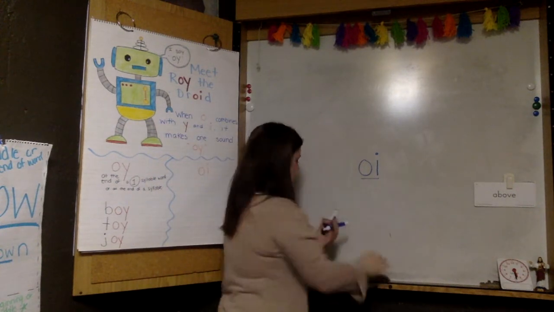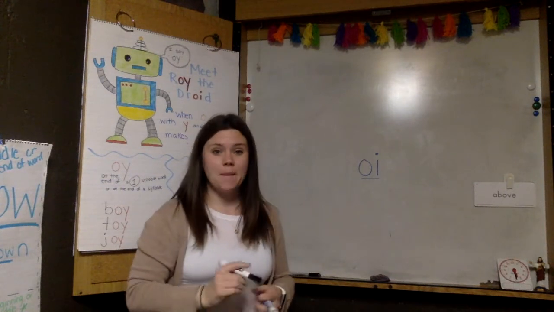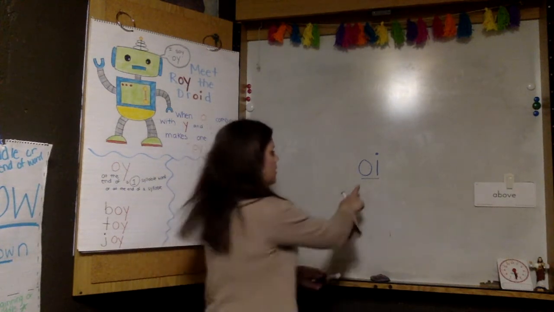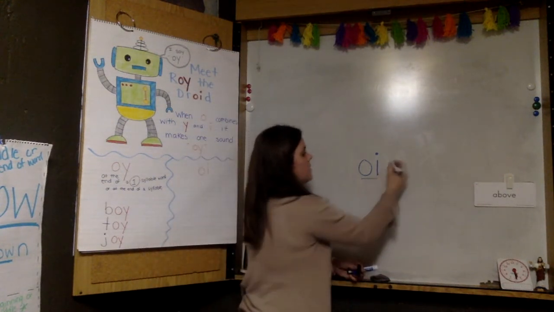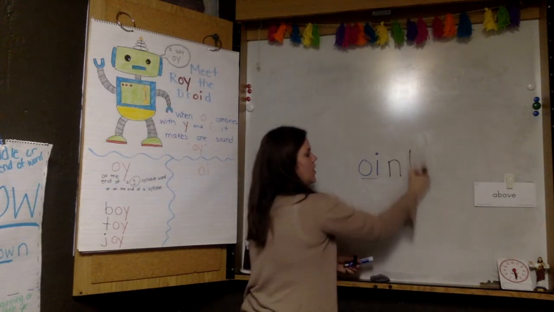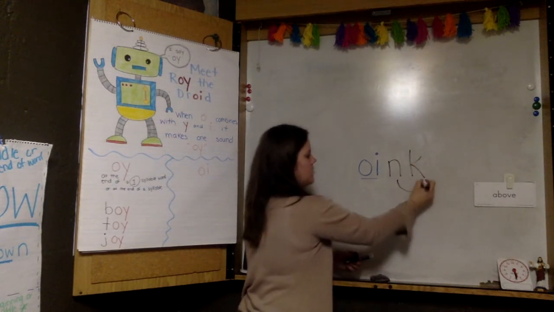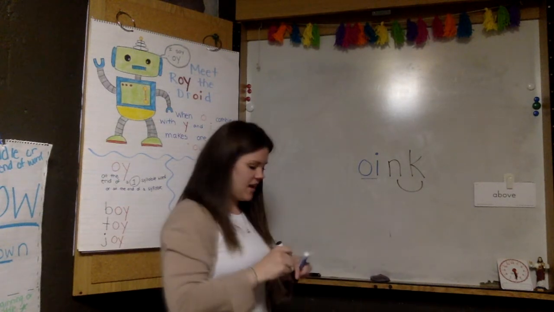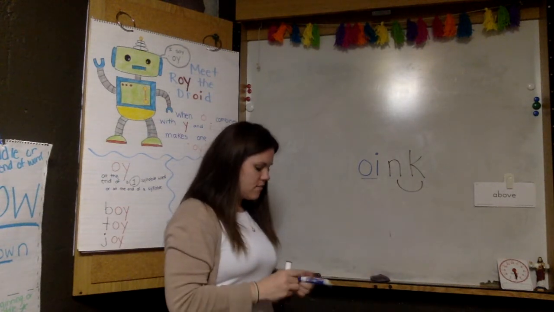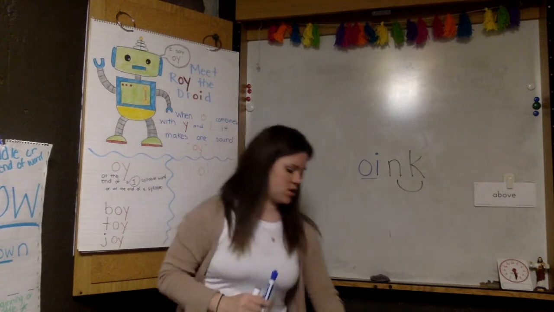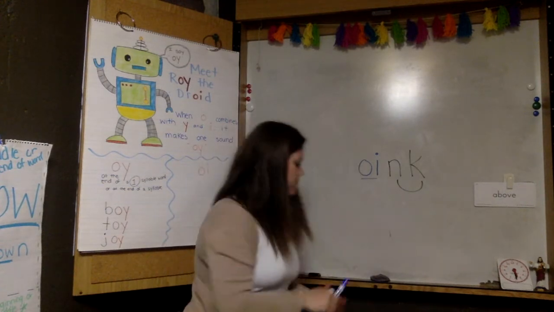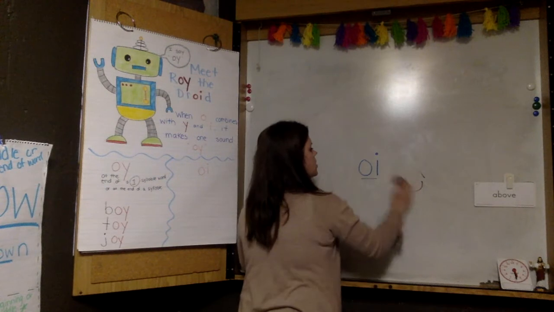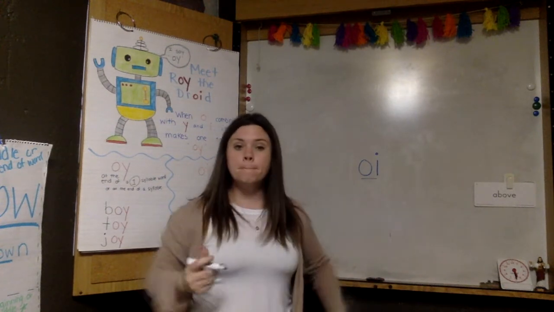How about, what do pigs say? Pigs say oink at the beginning of a word, right? Oi, k, and blend. Oi, oink, right? How about, what words we got here? How about the word moist?